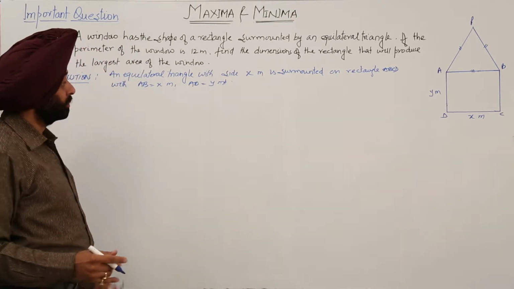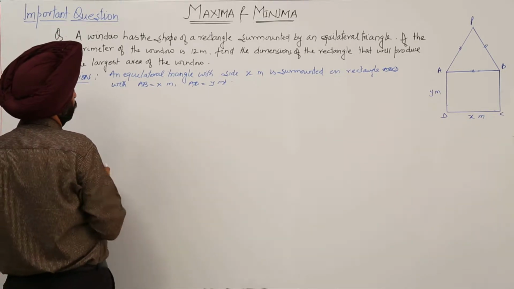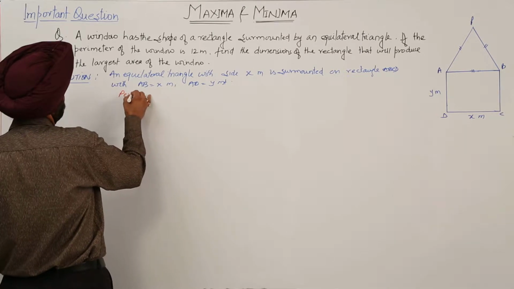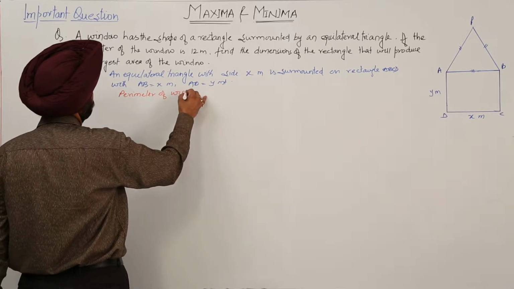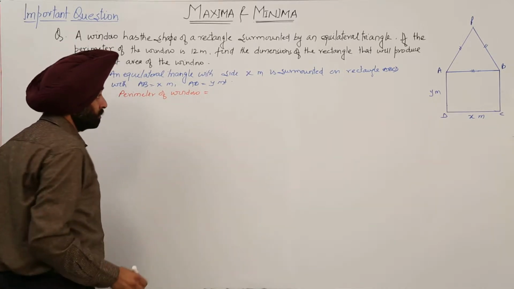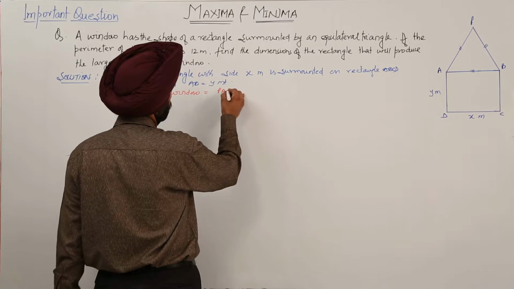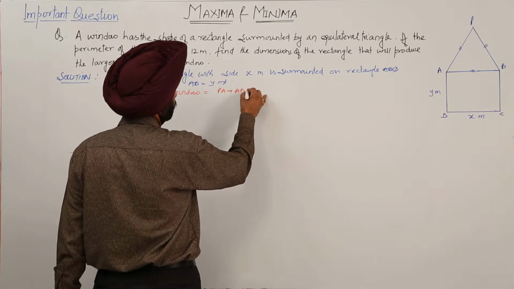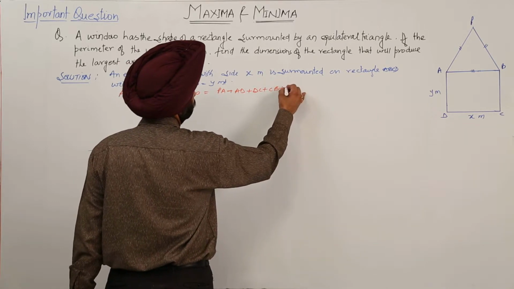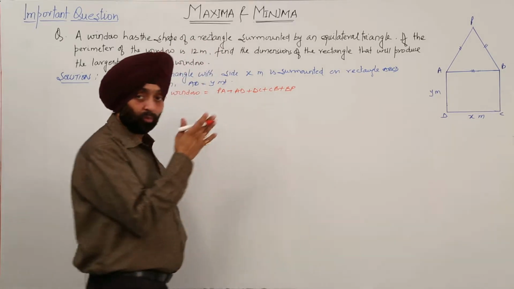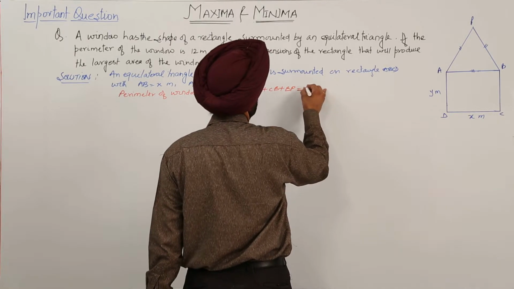Now the perimeter of the window is equal to PA plus AD plus DC plus CB plus BP, starting from P and moving back to P, which is equal to 12 meters.